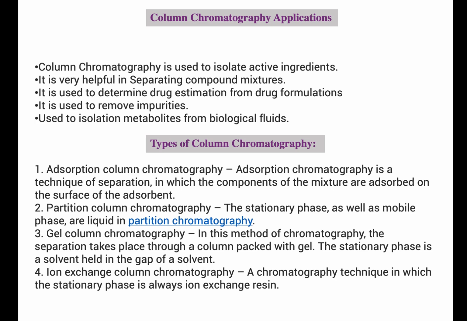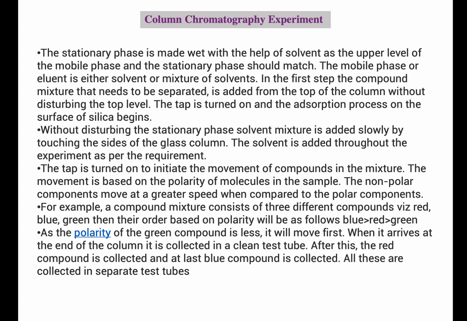It is not mandatory, but you have to know the name of each of the techniques and the working principle of each of them, but the applications and other details are not required. This is the experiment procedure, which we explain in detail here, briefly outlined for you.